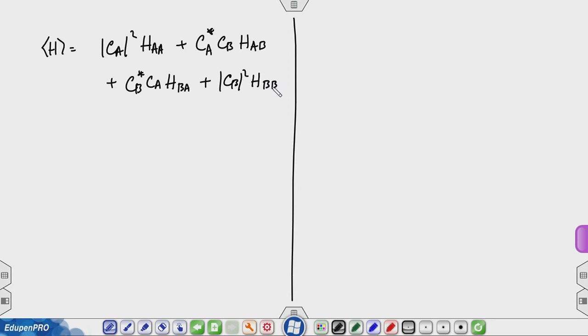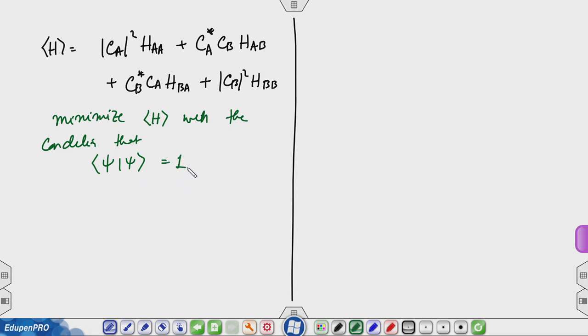And I want to minimize this with the condition that psi psi equal to 1.